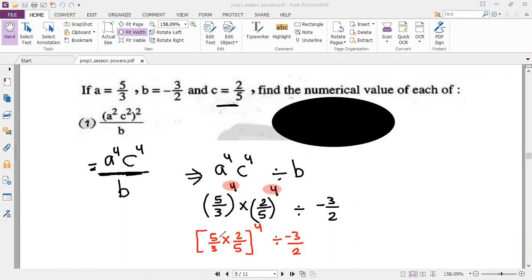After that, simplify. We have 5 at the top and 5 at the bottom. One cancels the other out. Now you are left with 2 over 3, all raised to the power of 4, divided by negative 3 over 2.